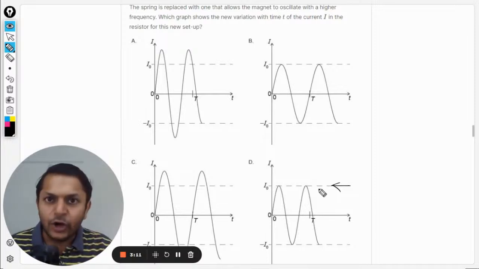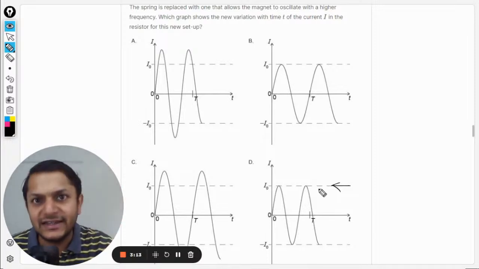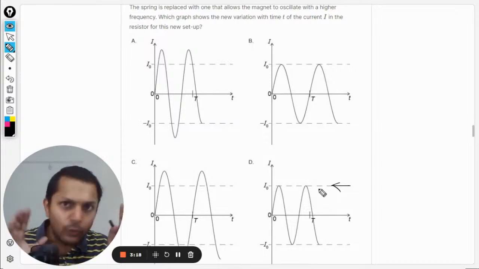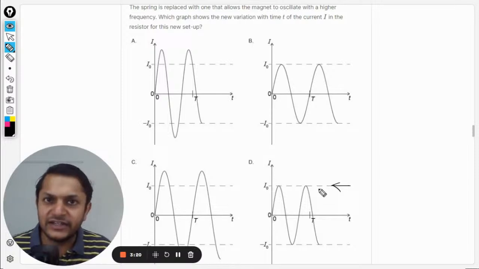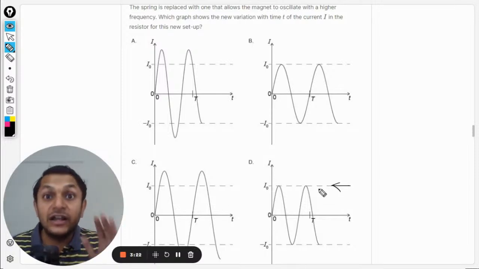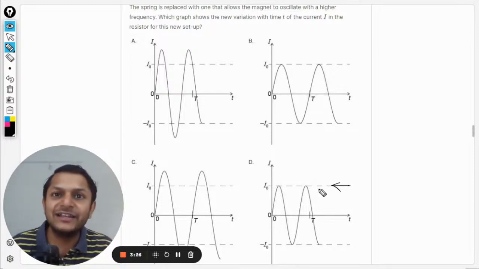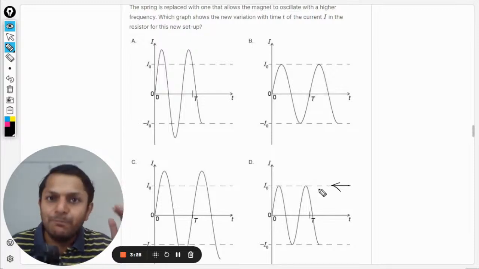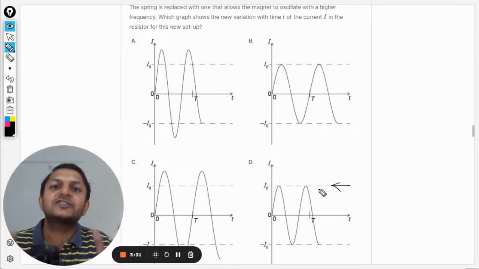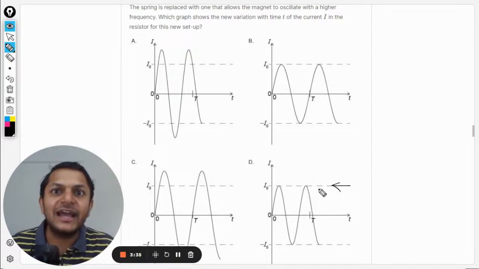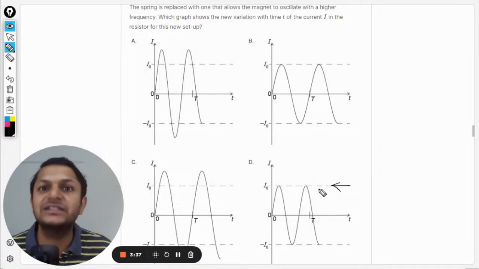But as per my knowledge, whenever the frequency increases, the magnitude of the EMF induced is also increased. Why? Because if the frequency has increased, clearly the time period is lesser. Clearly, it means that the velocity with which the spring is moving has increased. Clearly, the velocity of the magnet has increased. And it is the experiment given by Faraday that the more the velocity, the more the rate at which the flux is changing, and the more the EMF induced.